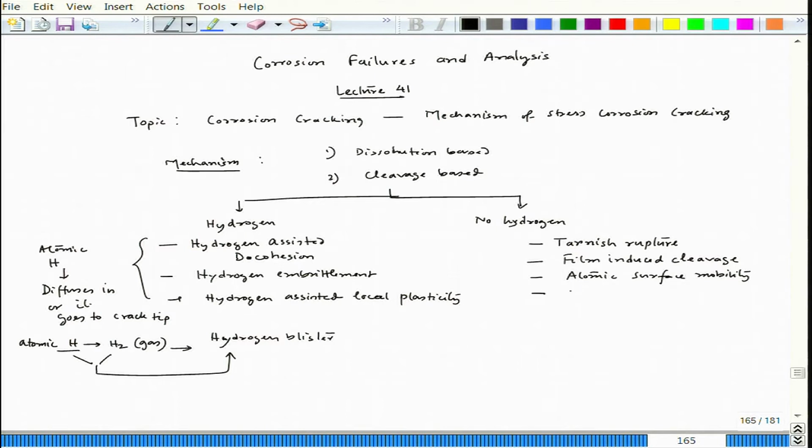Then we can also have, basically, a decohesion model where something other than hydrogen comes in.